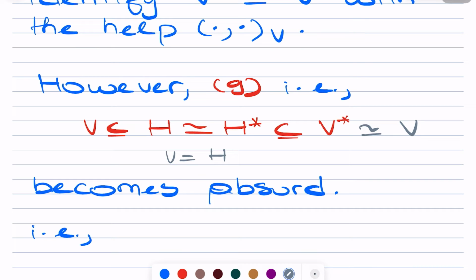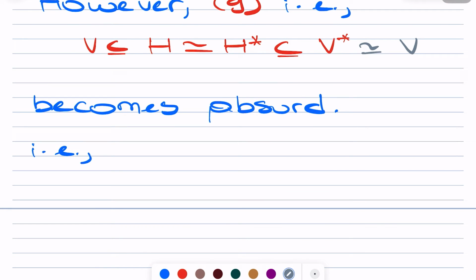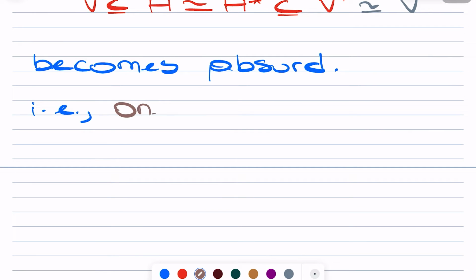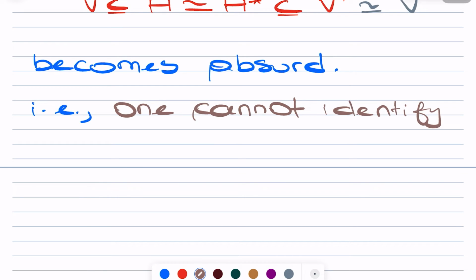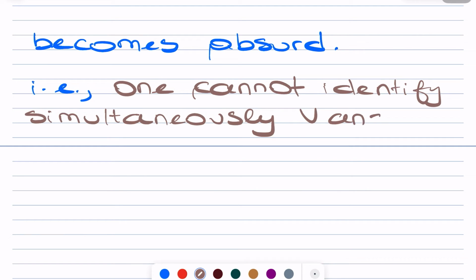This shows that one cannot identify simultaneously V and H with their dual spaces.